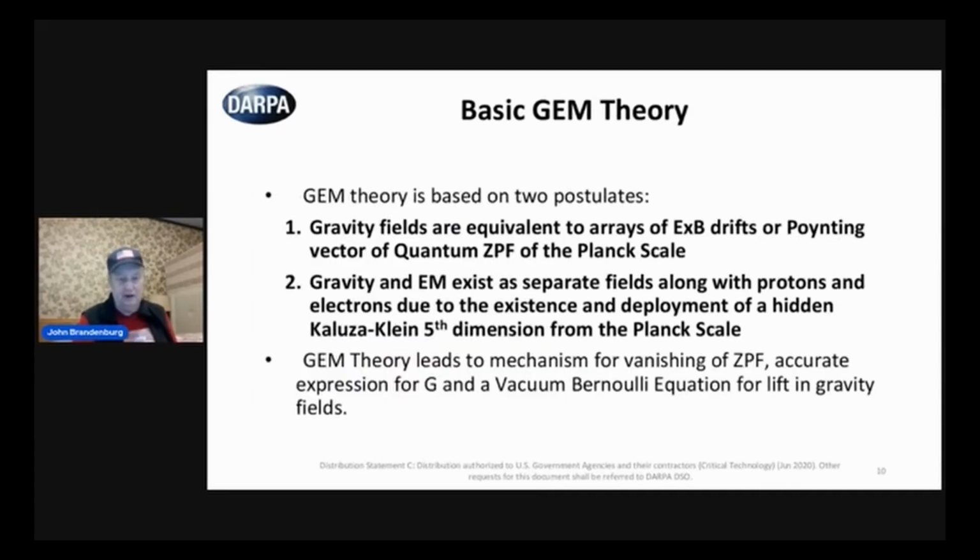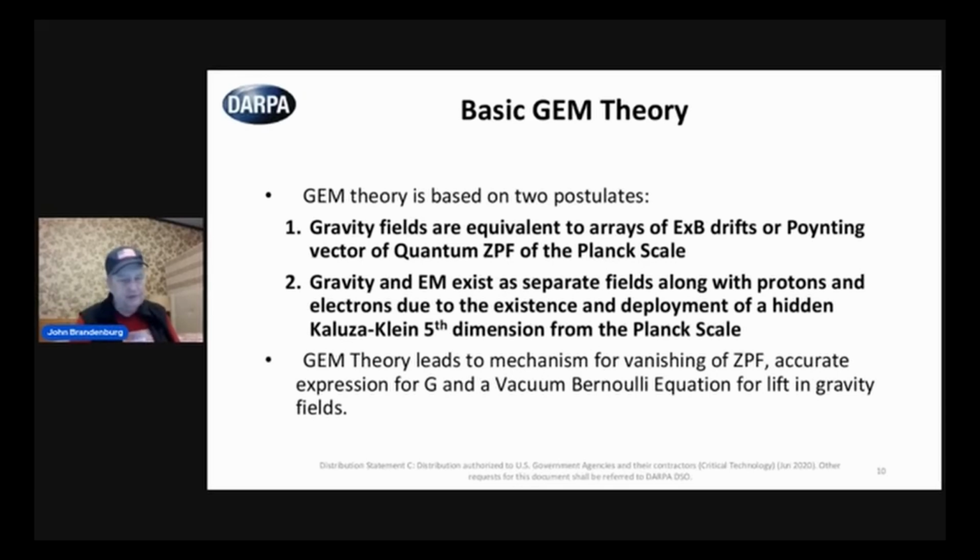The basic GEM theory is that gravity fields are equivalent to arrays of what's called E cross B drift. That's from plasma physics; you can look it up on the web. It affects all particles, regardless of charge or mass. Even though it's a pair of E&M fields, it looks like gravity because it affects all charged particles the same.